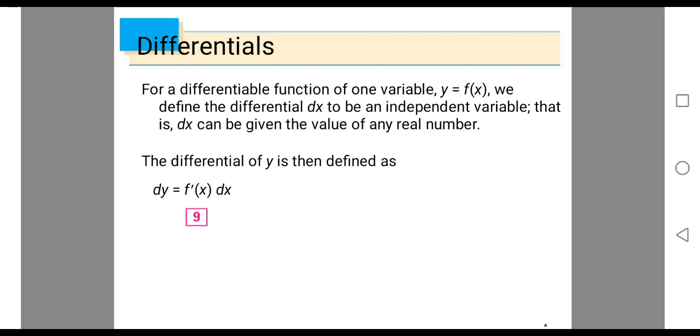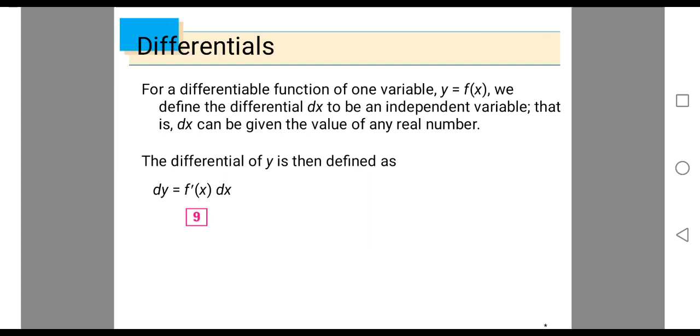For a differentiable function of one variable, y is equal to f of x, we define the differential dx to be an independent variable. We have been taking this since we started our differentiation.